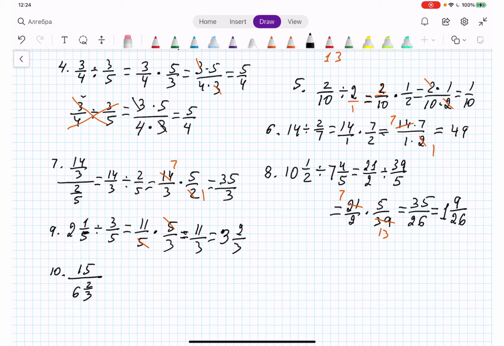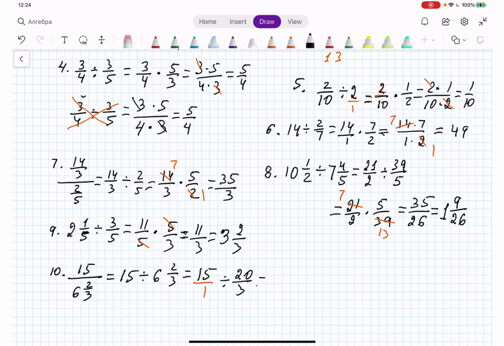So let's divide. 15 dividing by 6 and 2/3. This is equal to 15, let's put here over 1 if it's easy for you like that. Dividing by 6 and 2/3, it's going to be 6 times 3, 18, plus 2, 20 over 3, right?